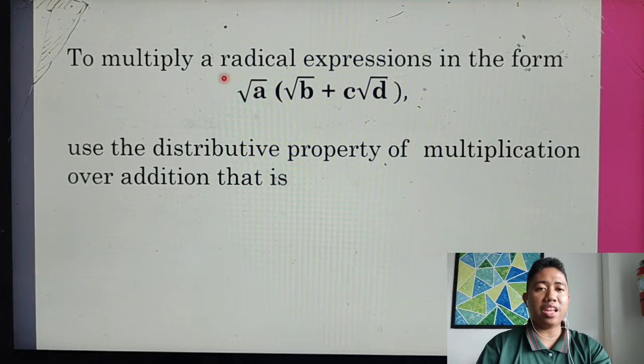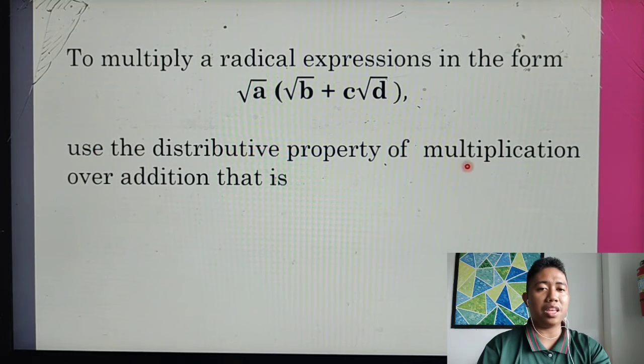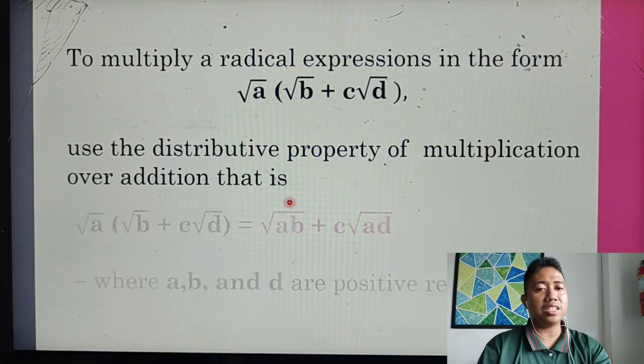To multiply radical expressions in the form of the square root of A times the binomial square root of B plus C square root of D, we are going to use the distributive property of multiplication over addition. We have already presented this earlier, and that is the product.